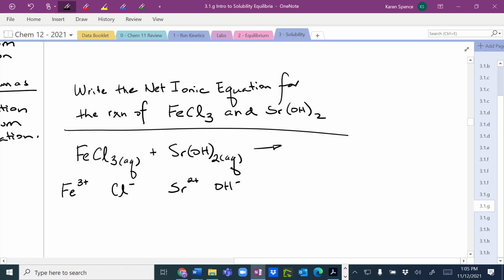And you can use those ions to help you figure out what the products will be. Now, it's totally fine if you went straight to the formula.